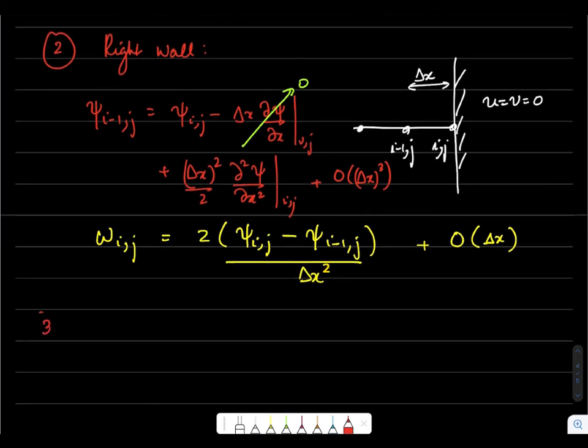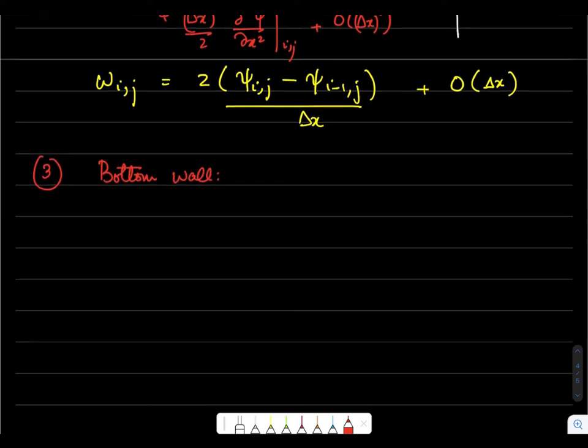The third would be, let's say, the bottom wall. So on the bottom wall, we again have u and v are 0. We can draw the grid points at this location. So this is ij. Now this will be ij plus 1.